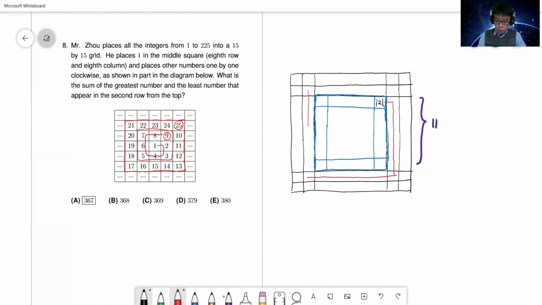So we start to reach the second row in this way. Here we need to find the sum of the greatest number and the least number on the second row. So that means we need to find the first number that appears in the second row, and the last number that appears on the second row.